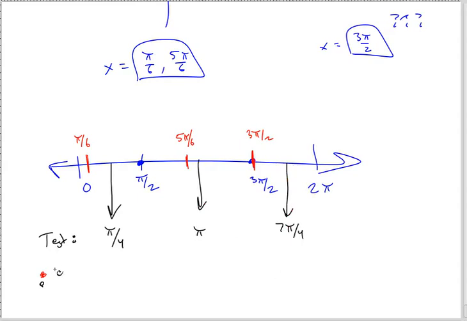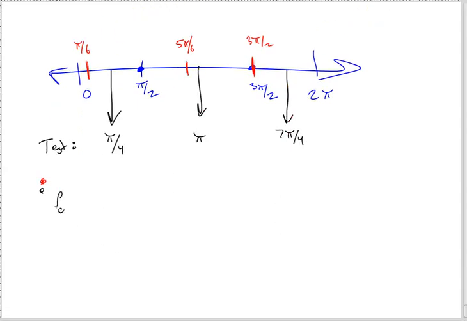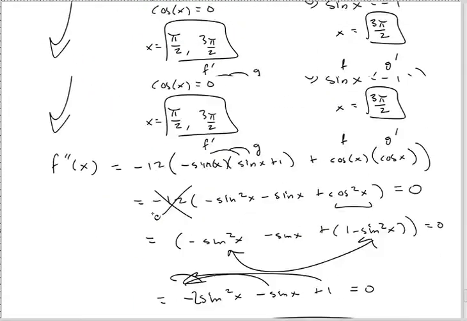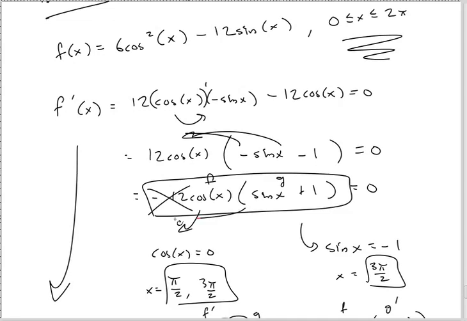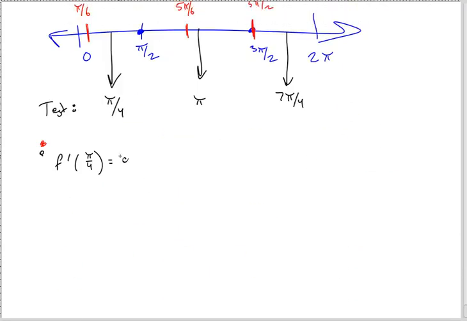And how do I test them? Well, I'm going to plug them into my f prime, my first derivative. I just want to see what's going on with my first derivative. That's way back over here, this guy or this guy, whichever one you choose. I want to know if it's increasing or decreasing. So I plug this guy in, and I got a negative number.